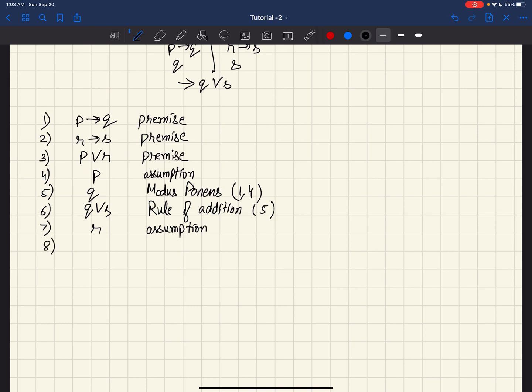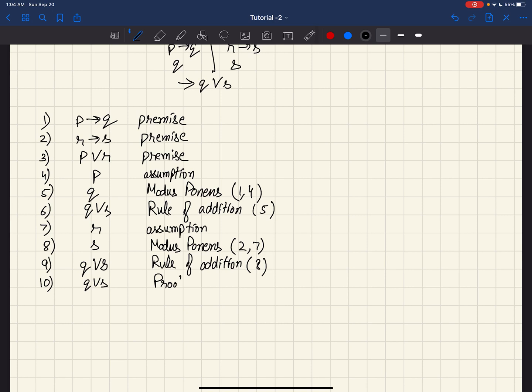If R is true, we apply modus ponens on steps 2 and 7, and that gives us S. Again using the rule of addition on step 8, I can write Q or S. Therefore, in both of our assumptions we were able to achieve Q or S. So it is Q or S by proof by cases.